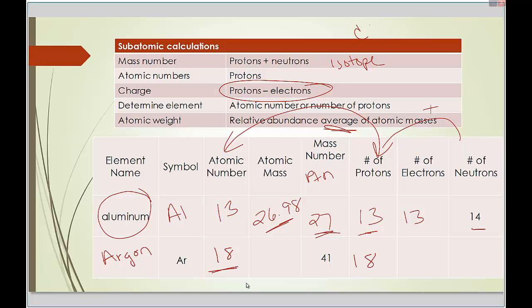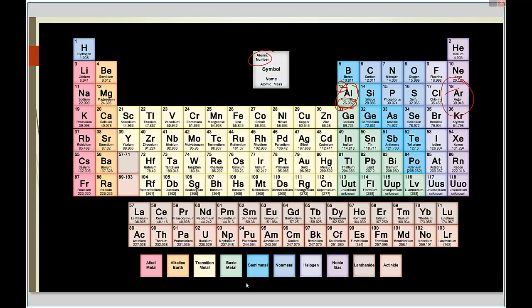So that means that if the protons and the neutrons add up to be 41, if I subtract 18 from that, it comes out to be a neutron count of 23. The number of electrons, it does not have a charge here, so that means it's going to be the same as the protons. Finally, we can look at the atomic mass, which is 39.948.